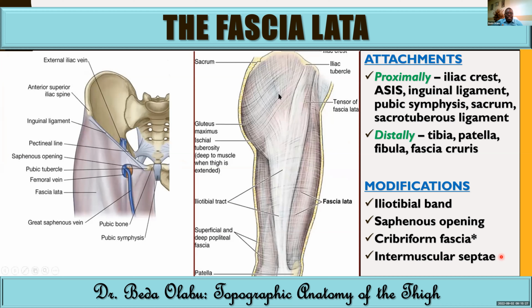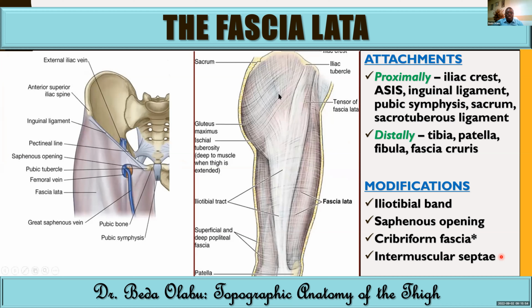So these are extensions that arise from the fascia lata to go all the way to the femur, especially around the linea aspera, helping to divide the thigh into compartments. So there are septae which enter from the deep fascia to the bone, hence dividing the thigh into compartments.